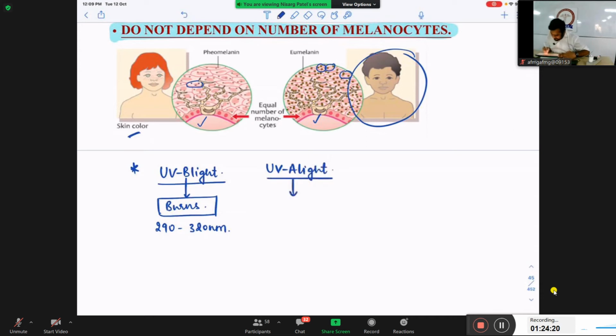And the UVA light causes skin tanning. Skin tanning is because of the UVA light. It is 320 to 400 nanometers.